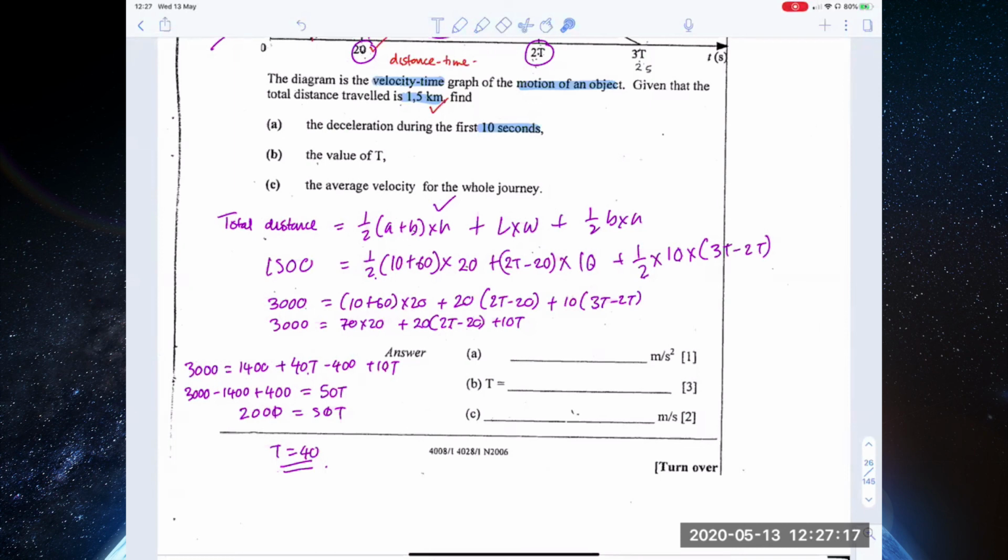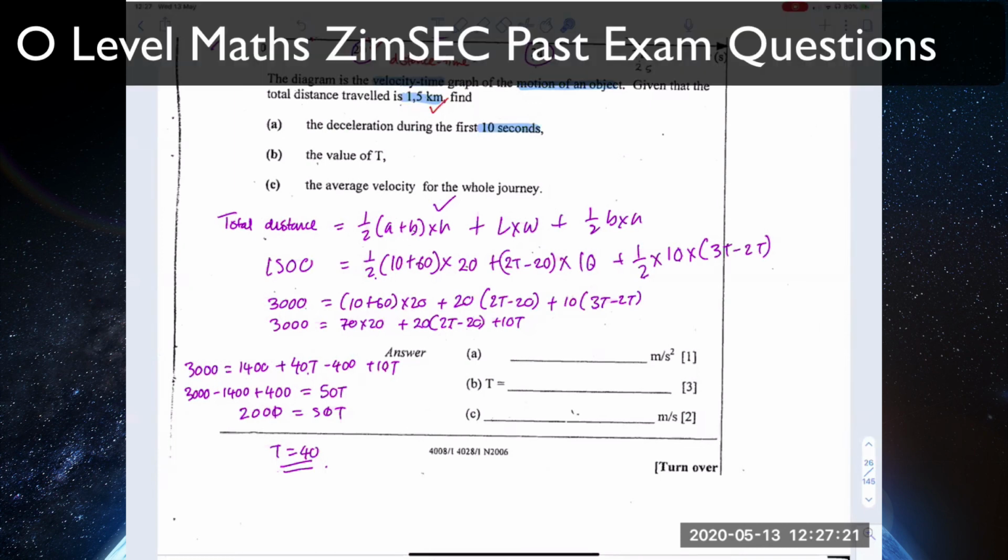This one doubles to that. And we still have plus 10 because that's gone. So this is 3000, this is 70. 70 times 20 is 1400, which is correct. And then plus 20, 2t minus 20, I leave it there, plus 10t because that becomes a t.